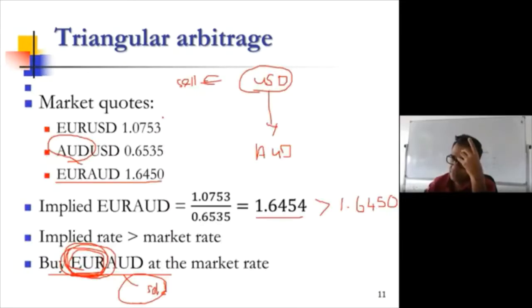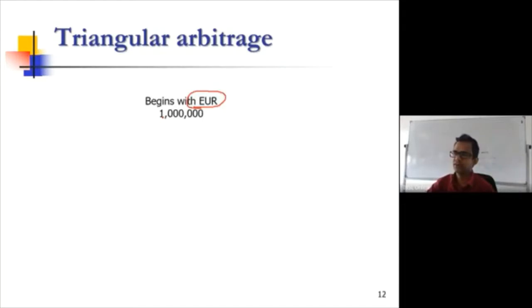So we'll go back to our second example. In this case, the implied rate is higher than the market rate. So therefore, what do you do? You buy euro from the market. Then you use those euro to buy back Australian dollar.